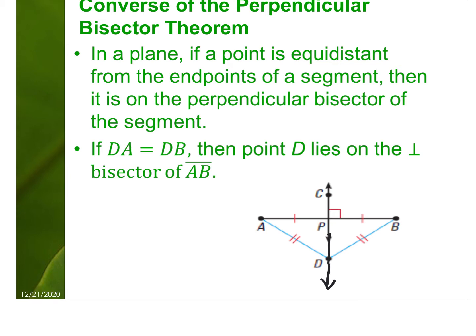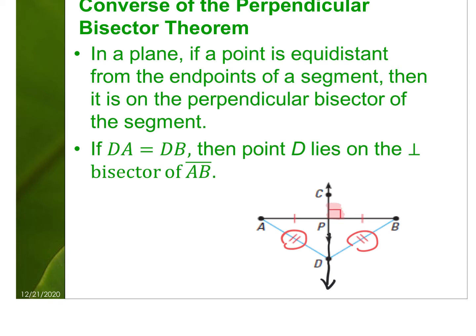So they gave us that AD and DB were congruent. Because they are both the same distance from the endpoints, this tells me that point D is on the perpendicular bisector. And again, I can tell it's perpendicular. I can see my right angle here.